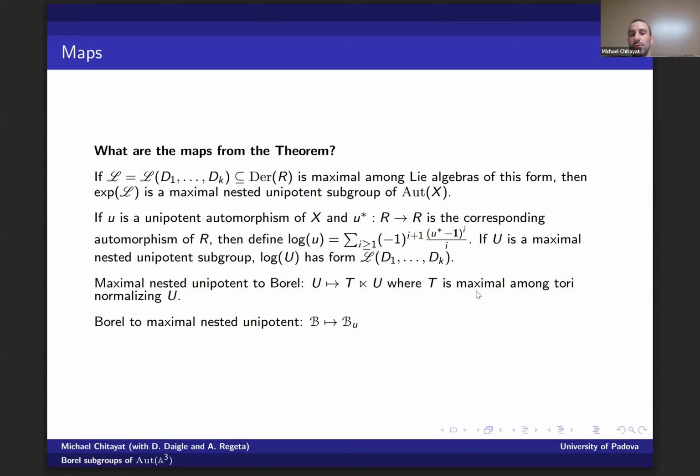So those are the maps that take you from one object to another.